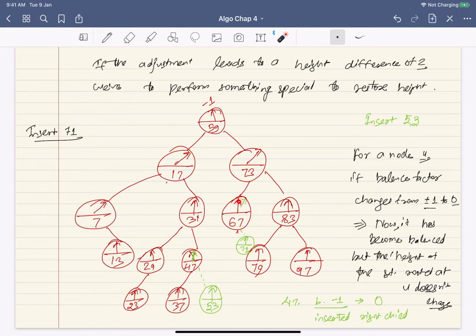I know that the left subtree has gained height. That's why I am going up. So its balance factor will decrease by 1. Yes, the left subtree has gained height, so its balance factor will decrease by 1. So now I will change it to 0. But now I know this balance factor has gone from plus 1 to 0.